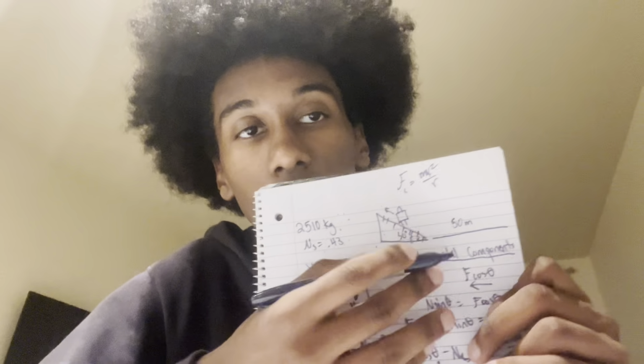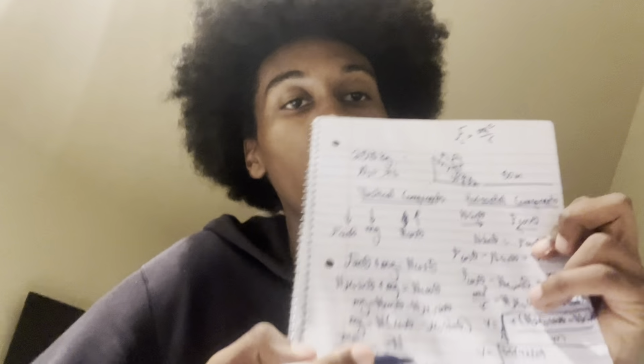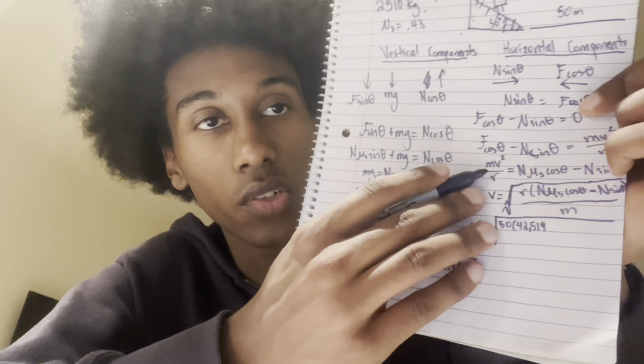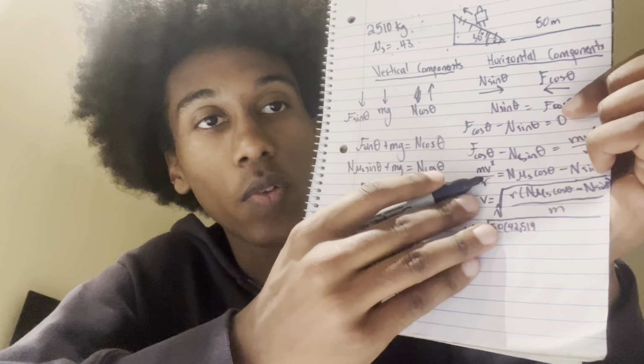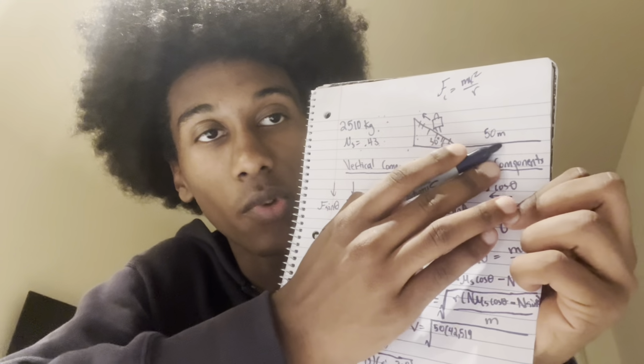So velocity will be equal to the square root of r. Here, r is referring to the radius of the curvature, and we have that down as 50 meters. When we're referring to centripetal force, the r is going to be the radius of the curvature.